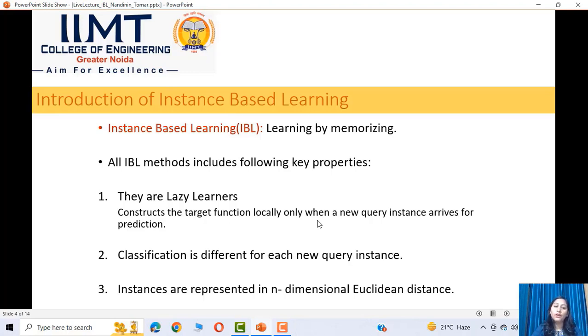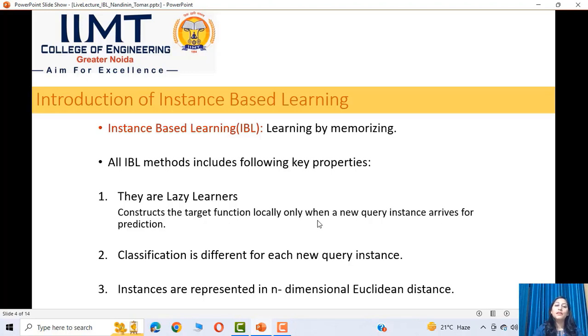So that is why they are called lazy learners. Second is classification is different for each new query instance. As and when a new query instance arrives, it locally defines a target function, and this process is repeated for each and every new query instance. That is why the classification is different for every query instance.